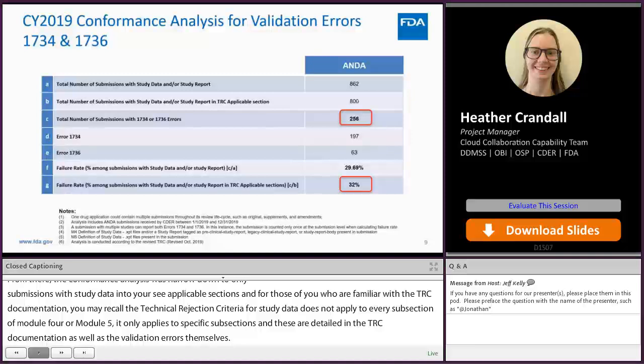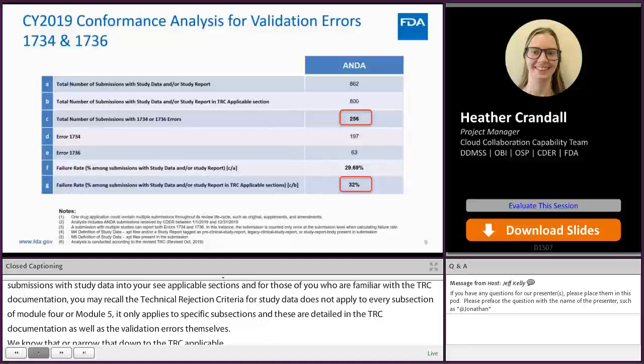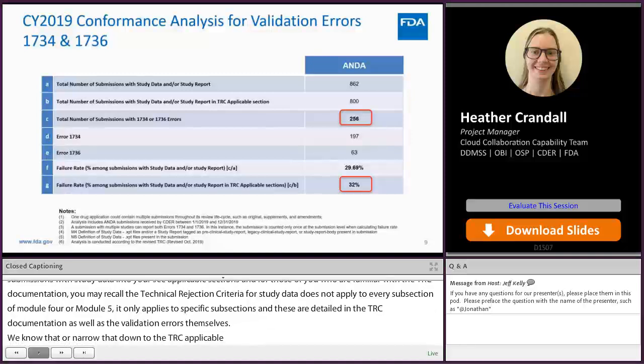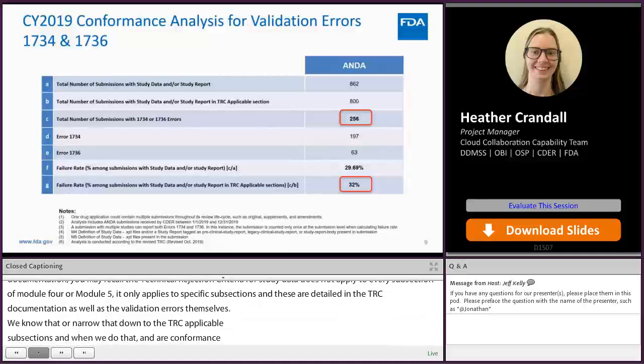And when we do that and run our conformance analysis, we find that 256 submissions had either 1734 or 1736 errors.